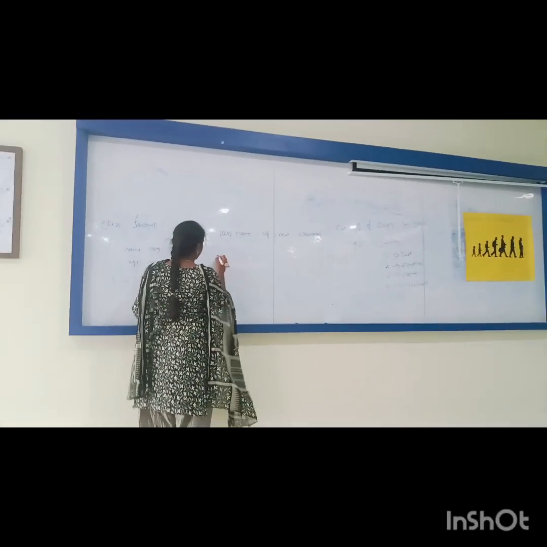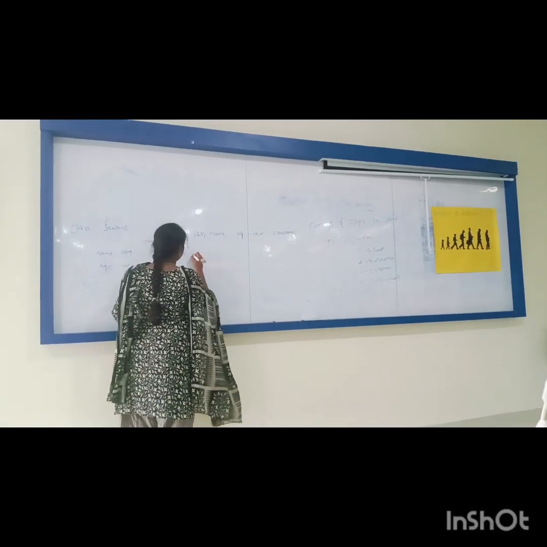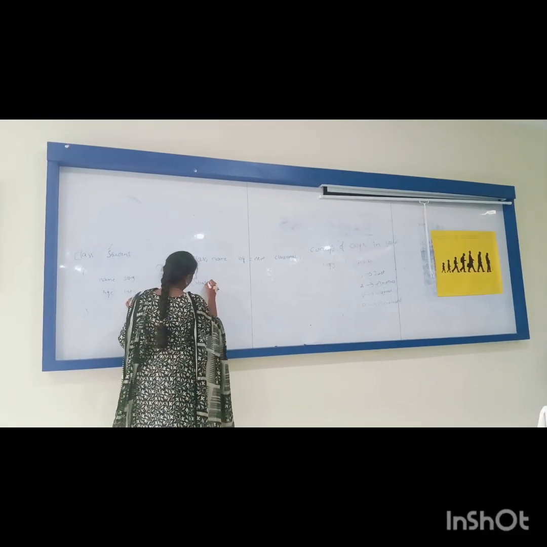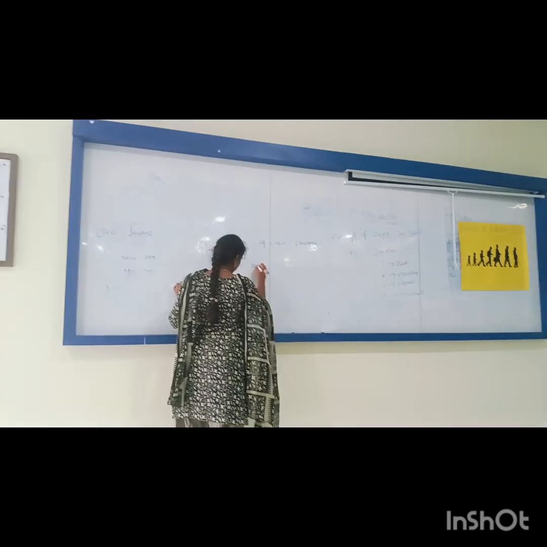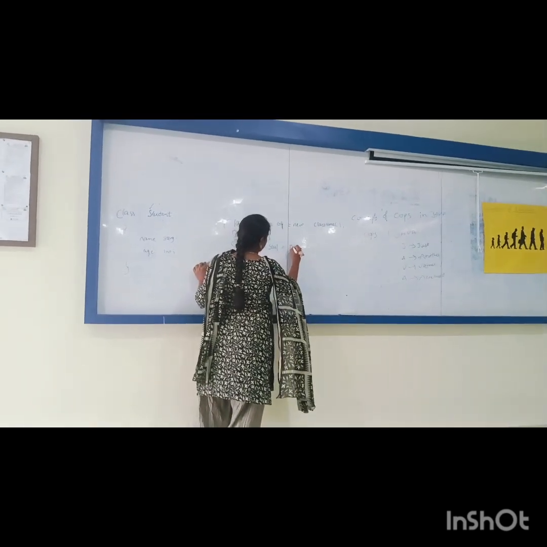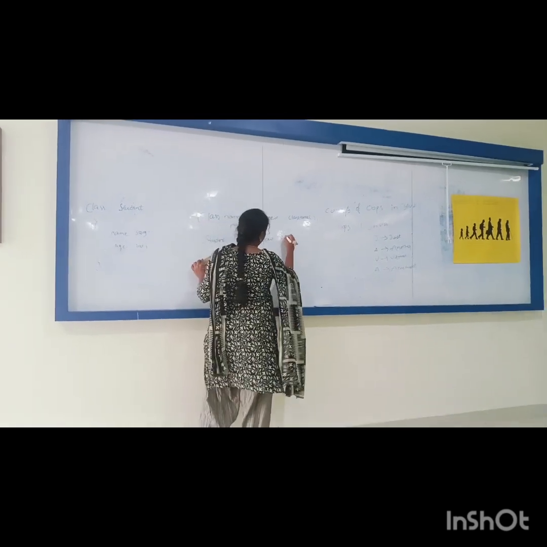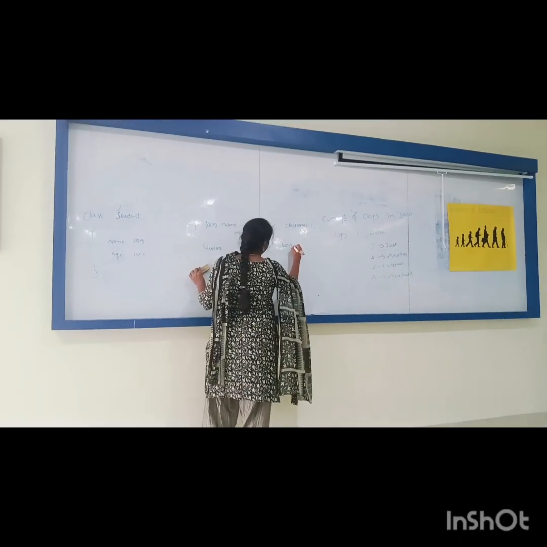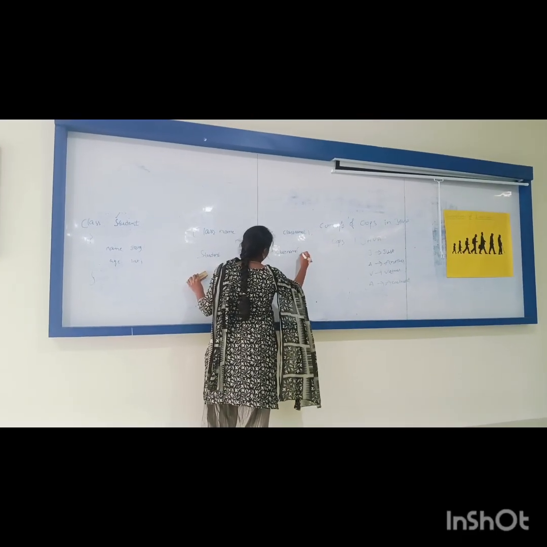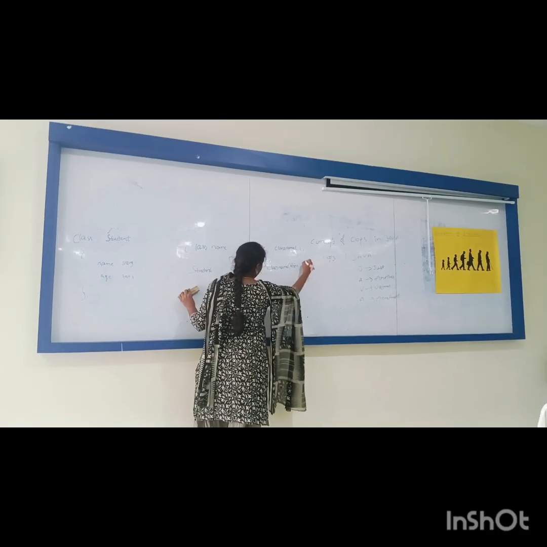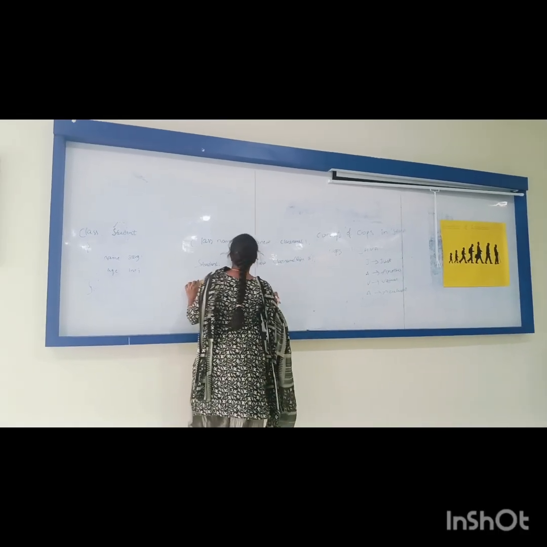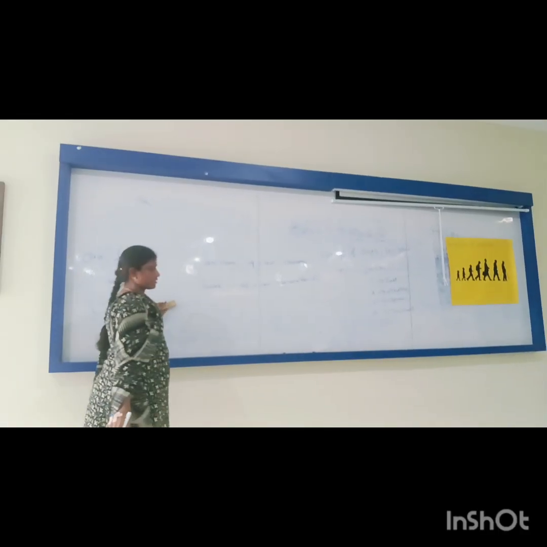Can I give the example? Class name is Student, object is stu: Student stu equal to new Student. I will explain this example.